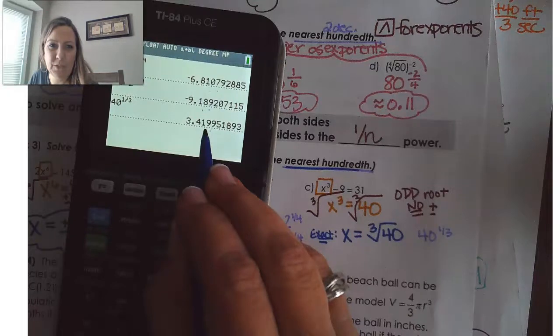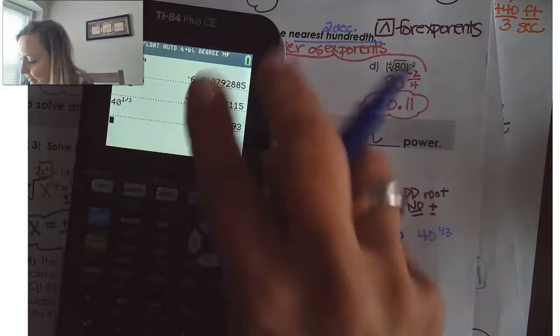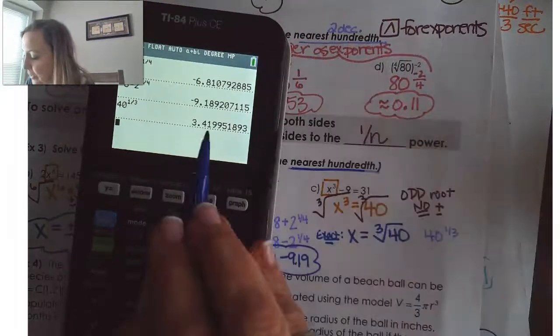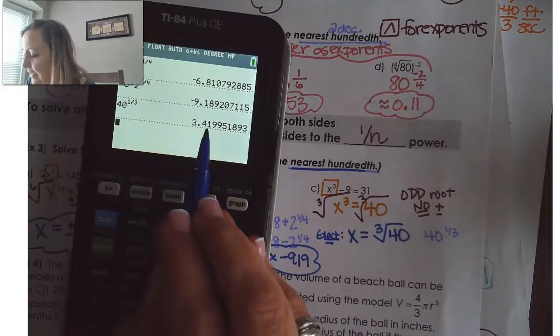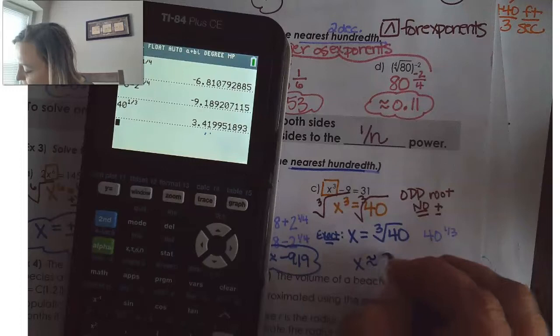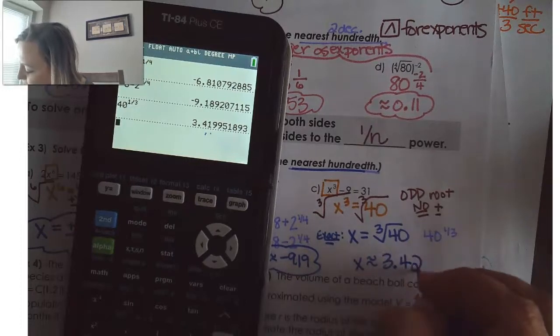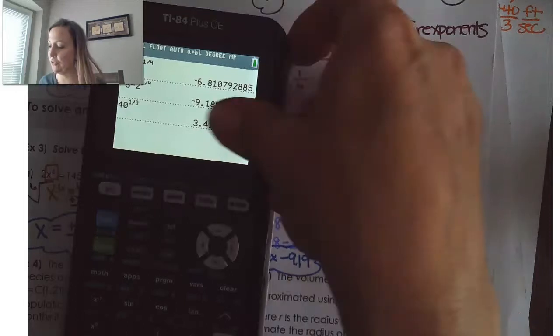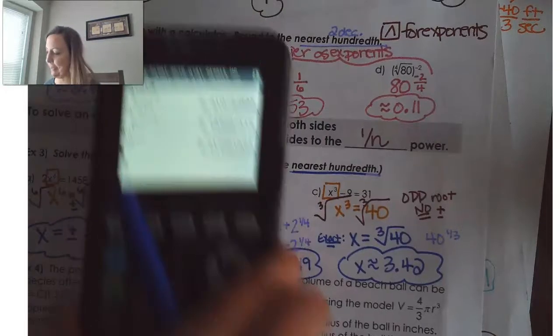Oh, sorry. I was rounding to the nearest thousandth in stats. We're rounding to the nearest hundredth, my bad. So I look, this 9 bumps that 1 up to a 2. So that's going to be 3.42. Sorry, hundredth is just 2 decimal places, my bad.